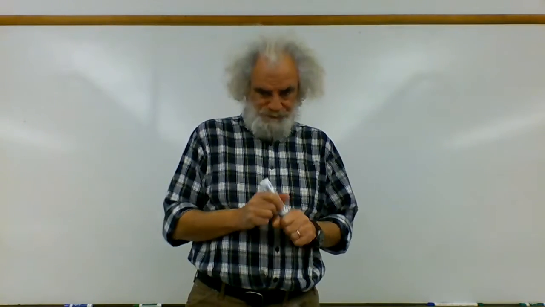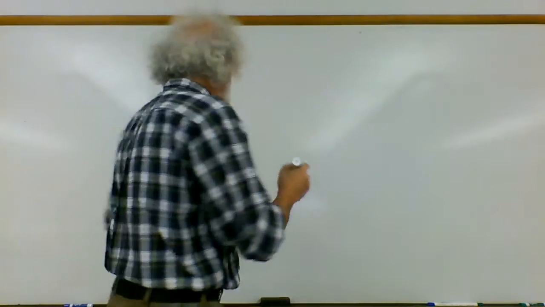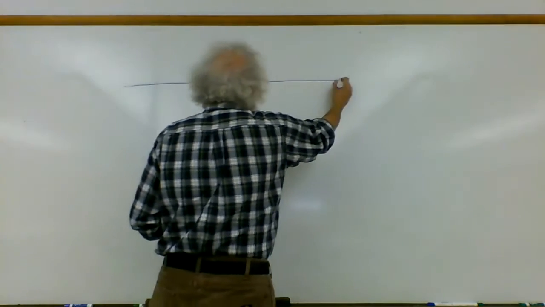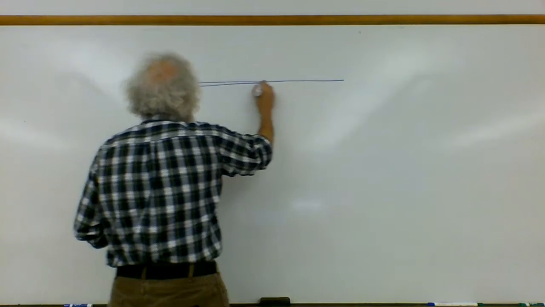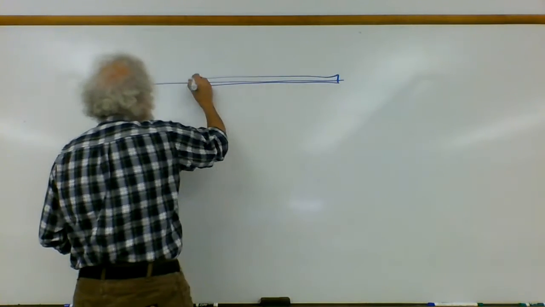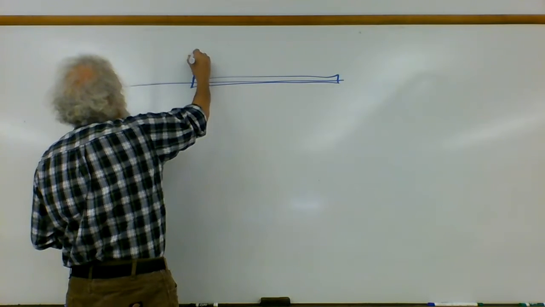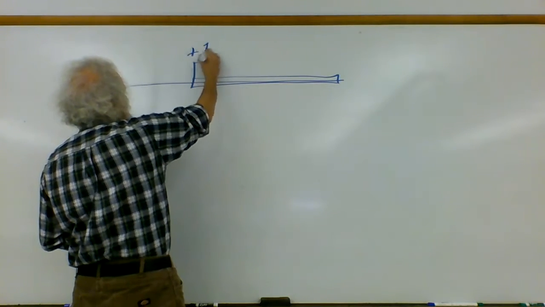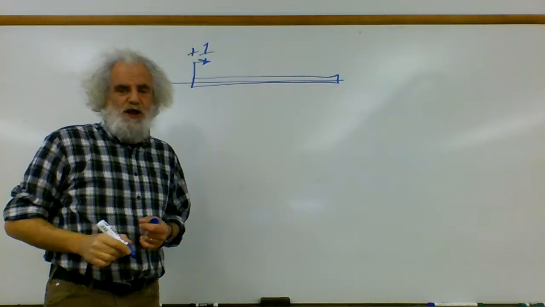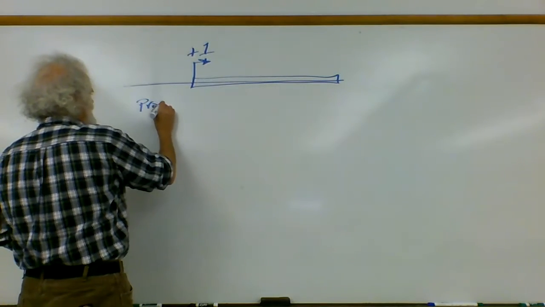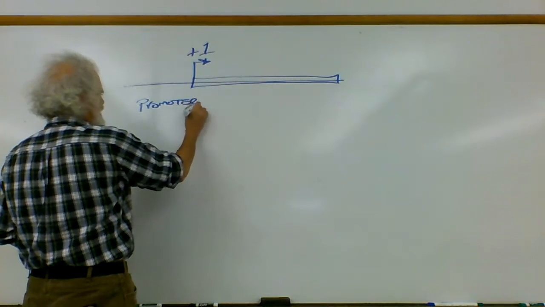Prokaryotic transcription. What we're going to do now is take a portion of the DNA and actually have the structural gene being expressed. And so we denote the first base of the RNA as +1. And that means that we've got the promoter area here.